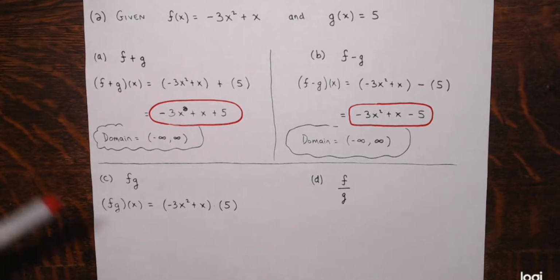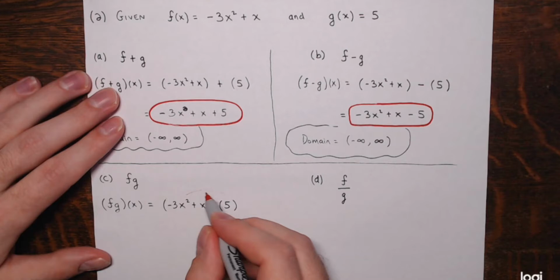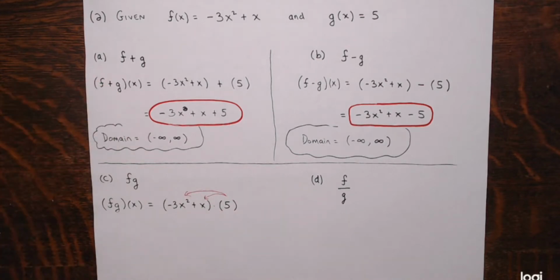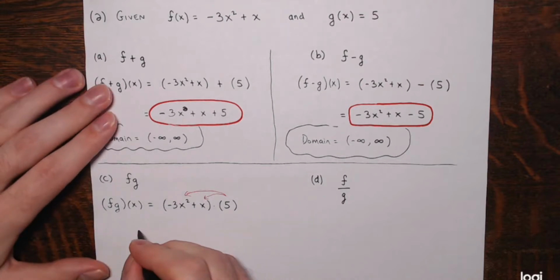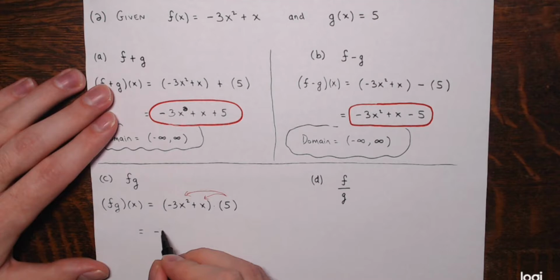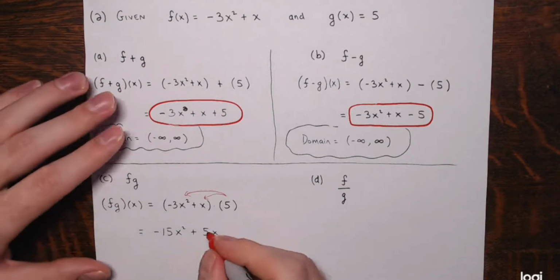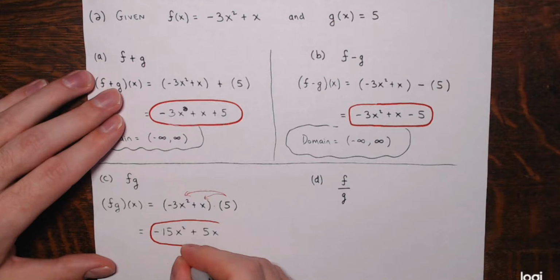I can distribute this 5 over these two terms. So our final result, our simplified resulting function, is negative 15x squared plus 5x. And there we go. That's our function f times g of x.